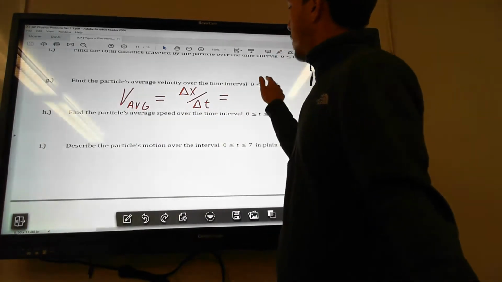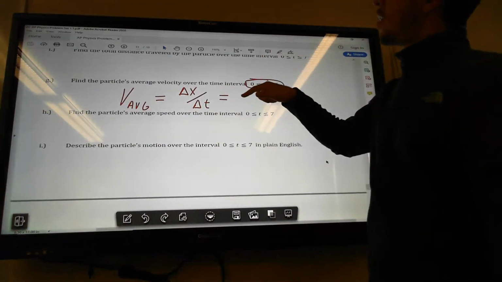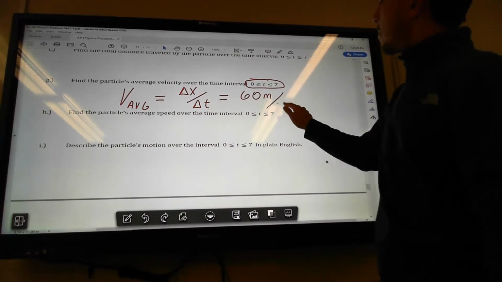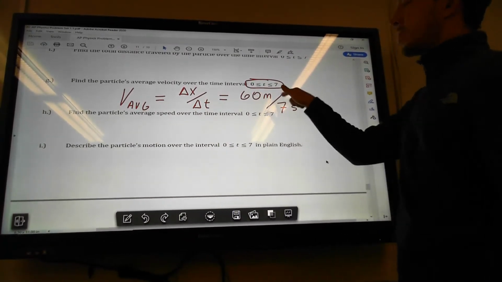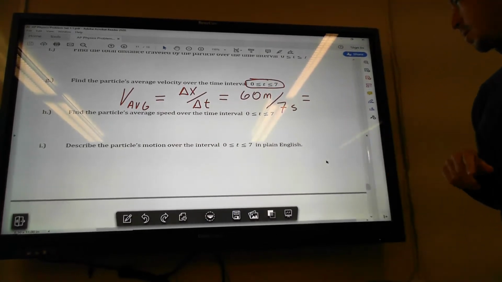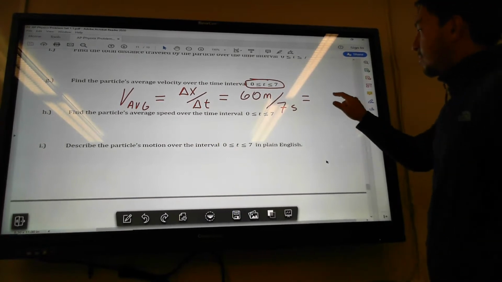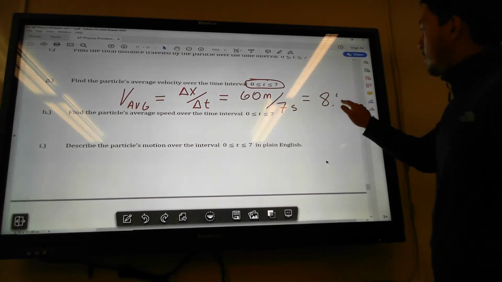What was his overall displacement over this interval? 60. The time was 7 seconds, so use a calculator. It's going to be 8 point something. What did you get, Kate? 8.57 meters per second. Okay.